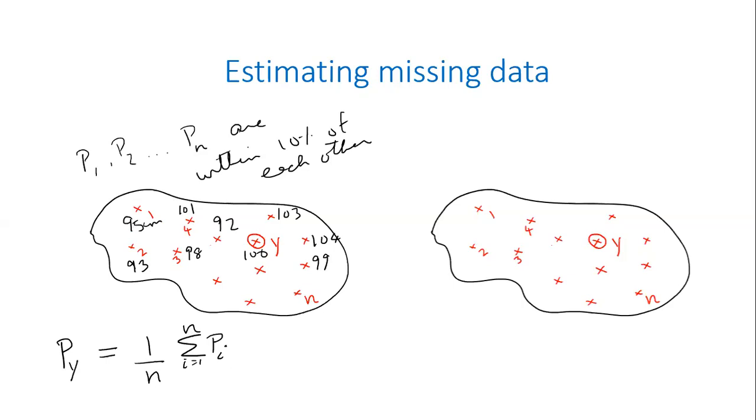The numbers that I've written inside here, 95, 93, 101, all that, are the normal rainfalls observed in the last 15 years at all these locations. When I say normal, I mean the average of the last 15 years. At location 1 in the last 15 years, on average, 95 centimeters of rainfall was received. At location 2, on average, 93 was received, 98, 101, whatever.